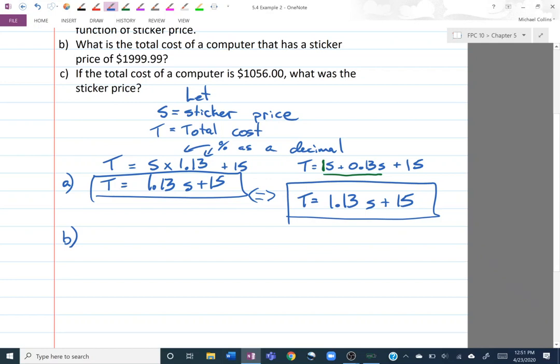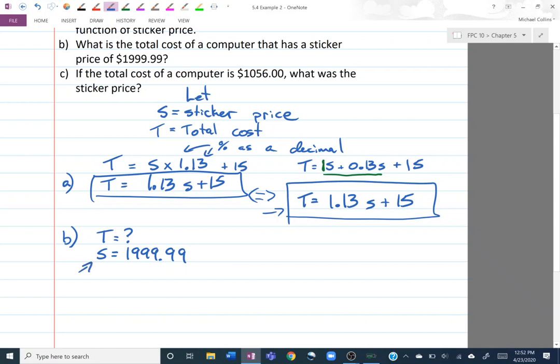What is the total cost of a computer that has a sticker price of $1,999.99? So this question is asking me what is the total price when my sticker price is $1,999.99. So what I can do is I can take this expression that I developed for part A, and then I can take these and substitute them in.